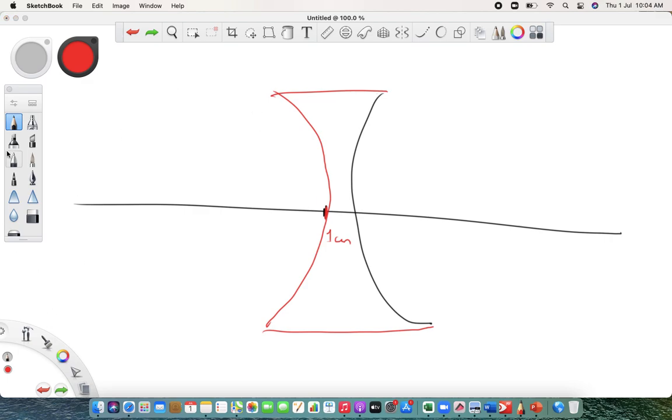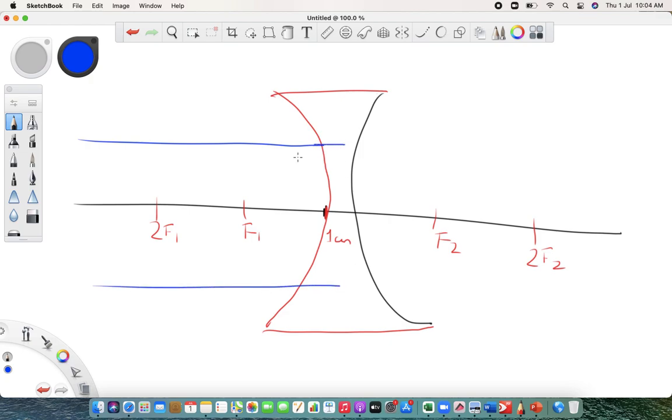Now there are only two cases here. In this one you just have to mark f1, 2f1, f2, 2f2. Let's say I am taking an object at infinity. It's quite easy. When you take an object at infinity, the rays are coming parallel.